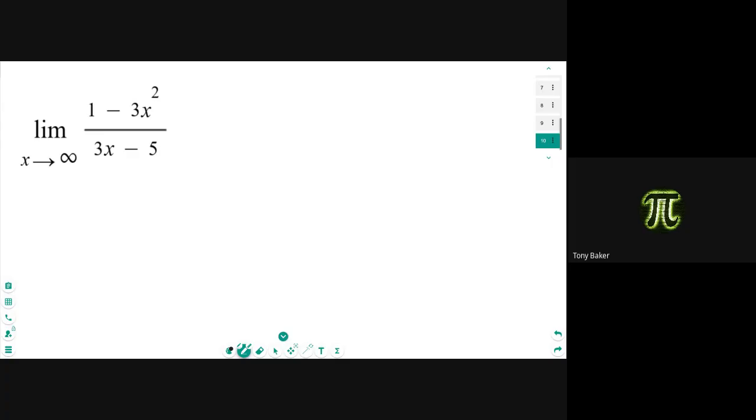X. Dividing them all by x. So x, x, x, x. So I get 1 over x minus 3x over 3 minus 5 over x.